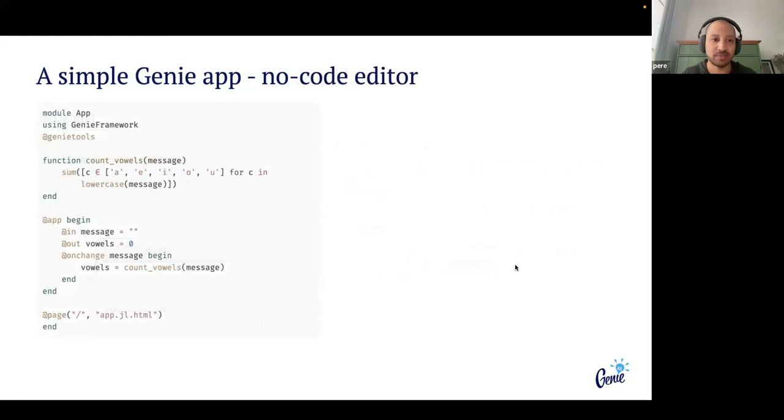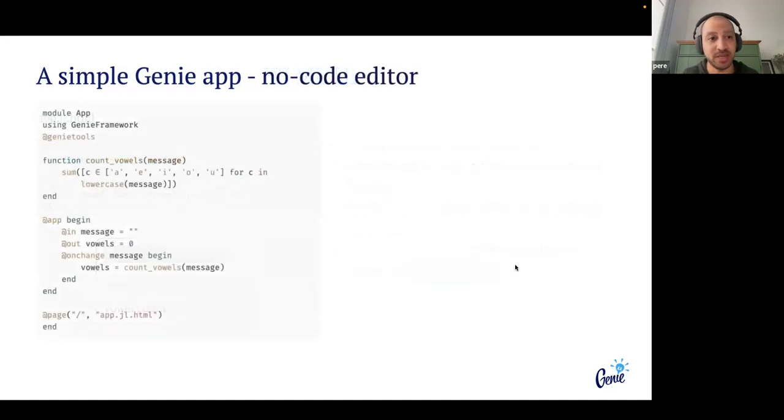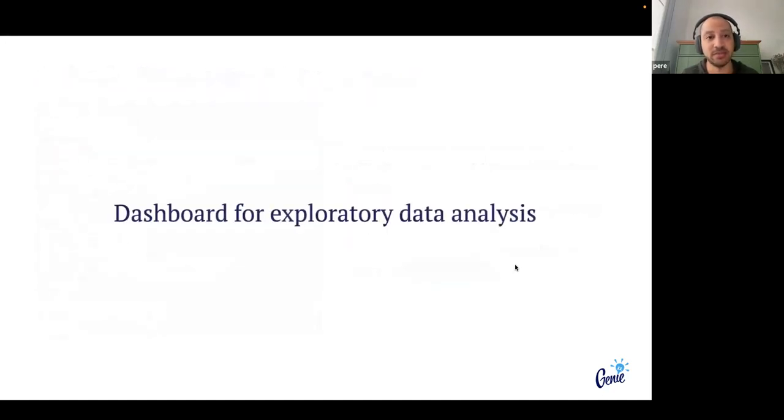And yeah, besides the low code and the HTML, if you don't want to write any UI code, you can also use Genie Builder, which I will be showing later on.